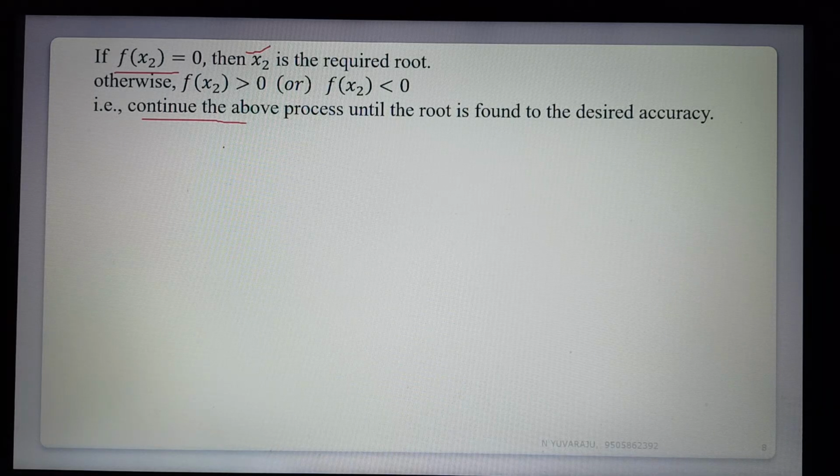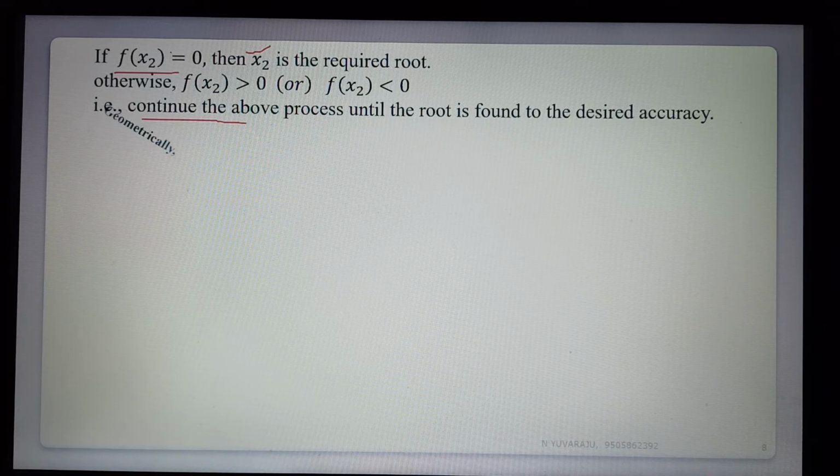So that is the required root. Or otherwise, if any consecutive roots are nearly the same, then that is the required root. Consecutive means, for example, x2 and x3, x3 and x4, x4 and x5, and so on. If any two consecutive roots are equal, that is the required root.